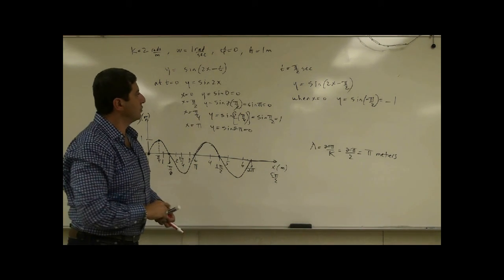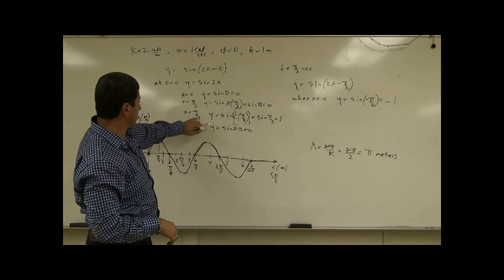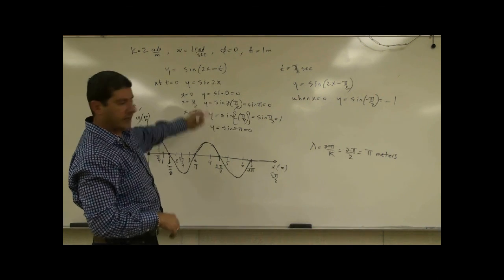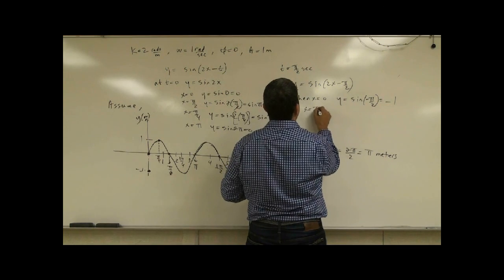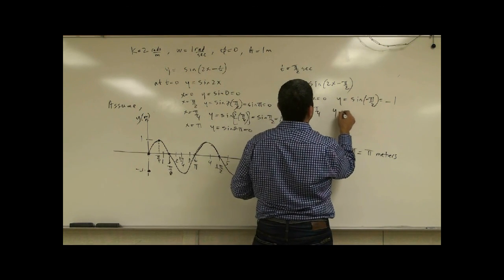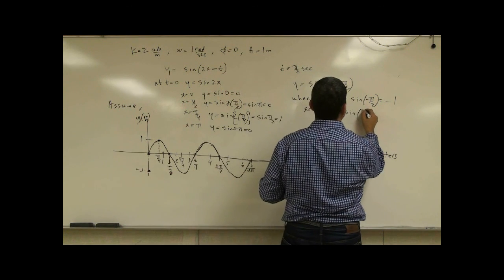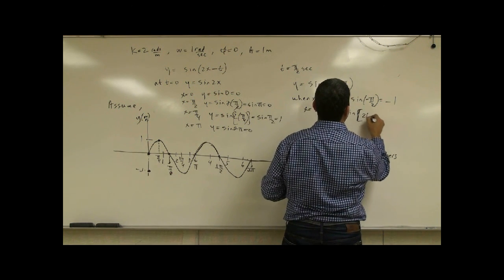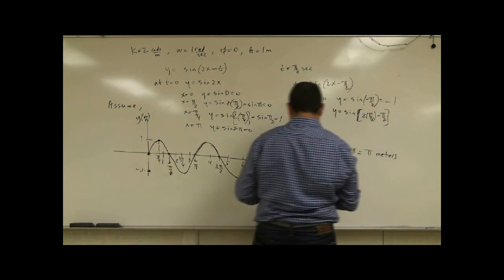When x equals, we could do pi over 4 if you want. We could try pi over 4, and then we can try pi over 2. So when x equals pi over 4, you're going to get what? y equals sine of 2 times pi over 4 minus pi over 2.